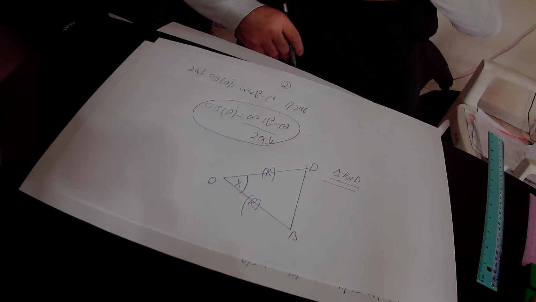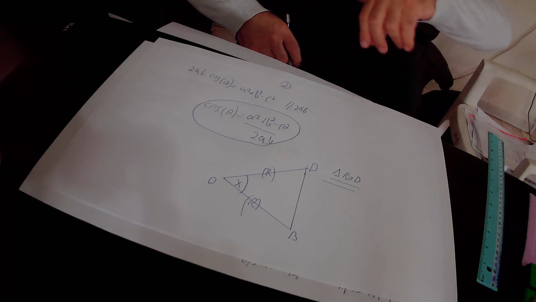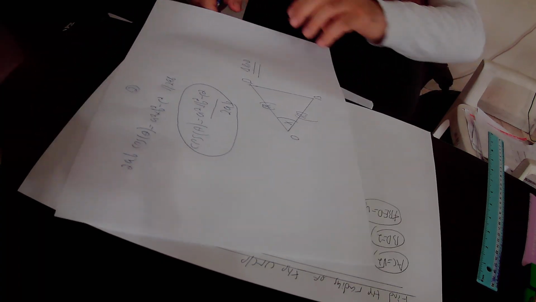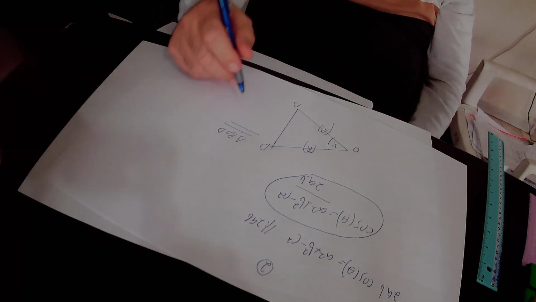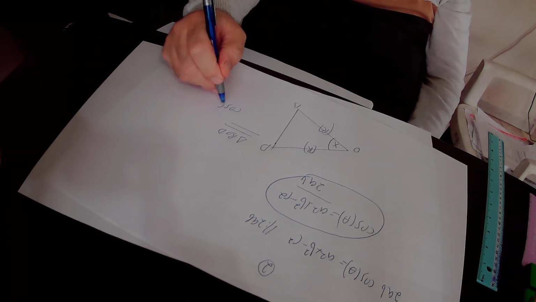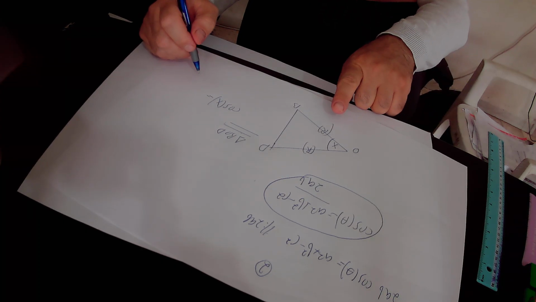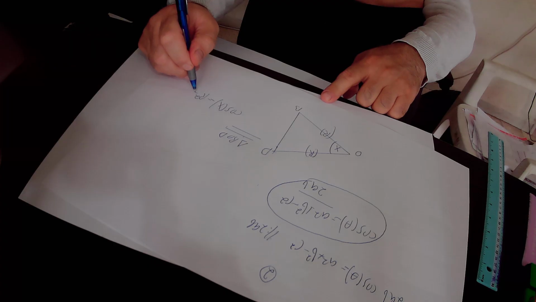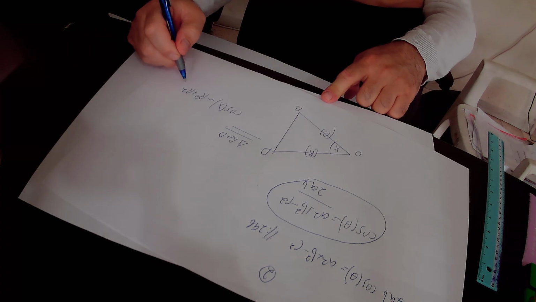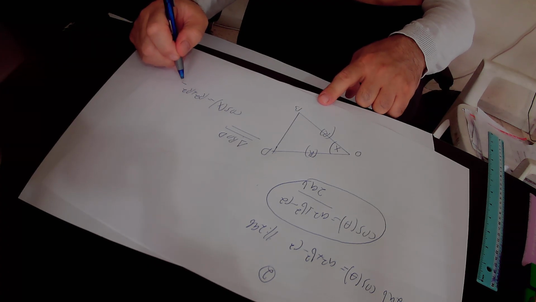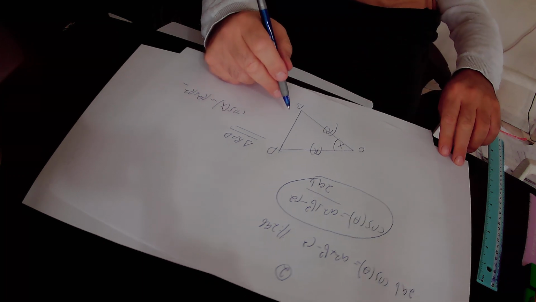Now we will implement the law of cosines in this triangle DOB. According to the law of cosines, cosine X equals R squared plus R squared minus DB squared.